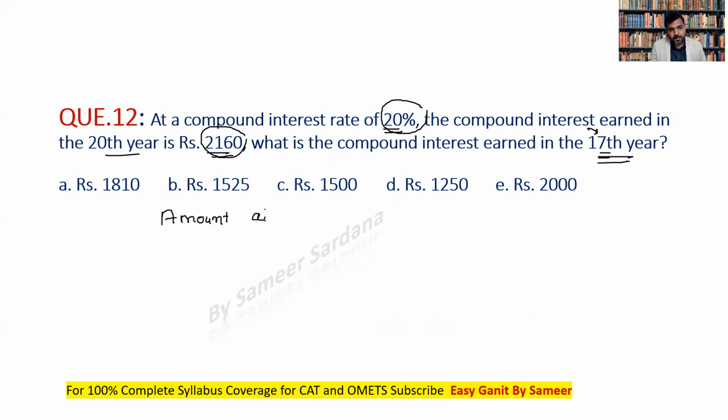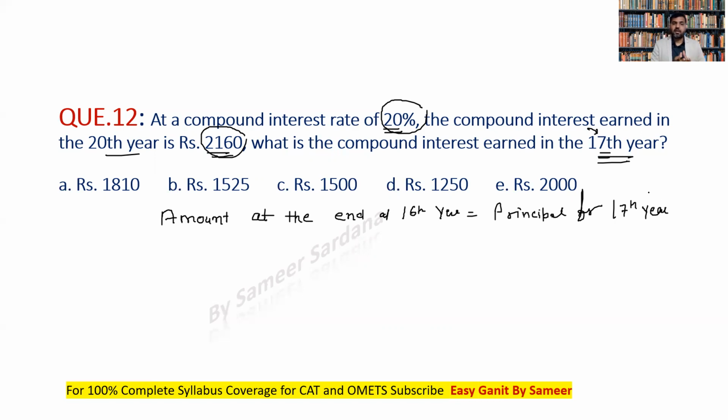The amount at the end of the 16th year will be the principal for the 17th year. That's a basic concept of compound interest, because interest is compounded on the interest, so you also get interest on interest.